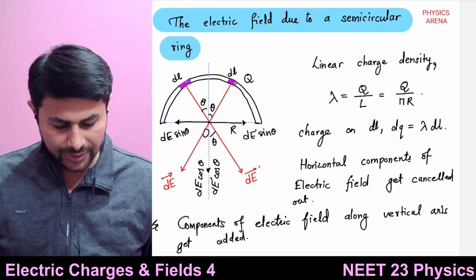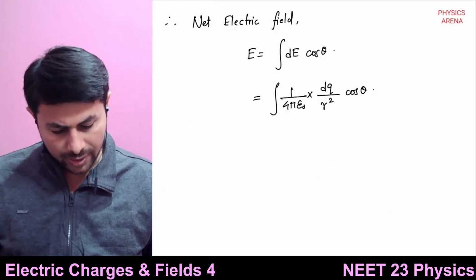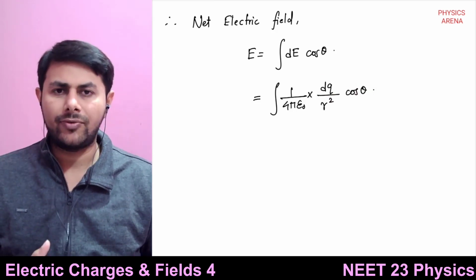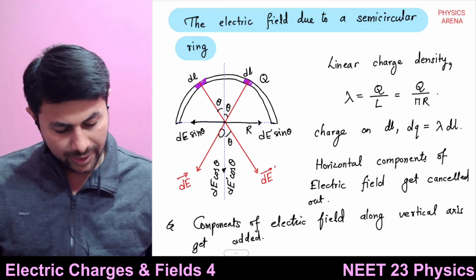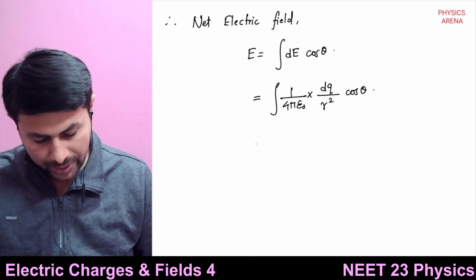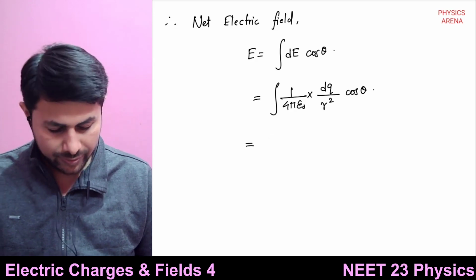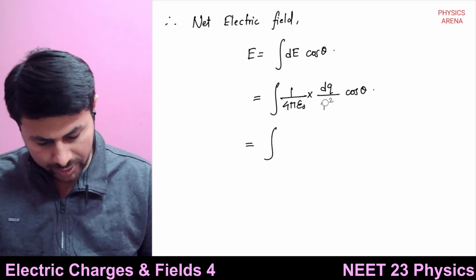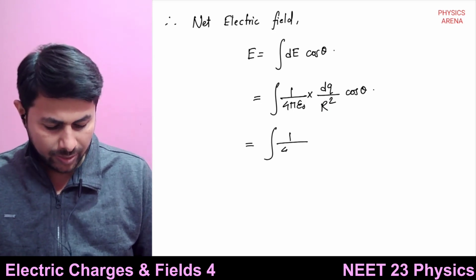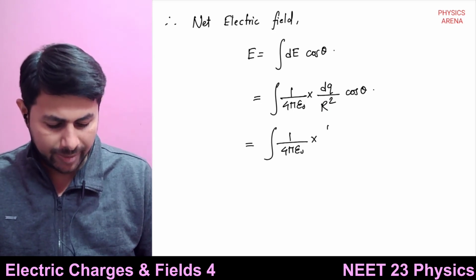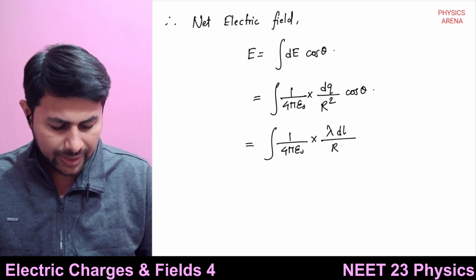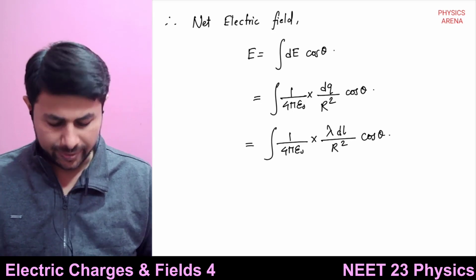Now here you can see there are two variables. One is theta and one is this charge. And charge will depend on what? Length of the element, right? Charge dq is lambda times dl. So we can put that, and this was capital R. Okay, so it is 1 upon 4 pi epsilon naught multiplied by lambda times dl divided by r square cos of theta.